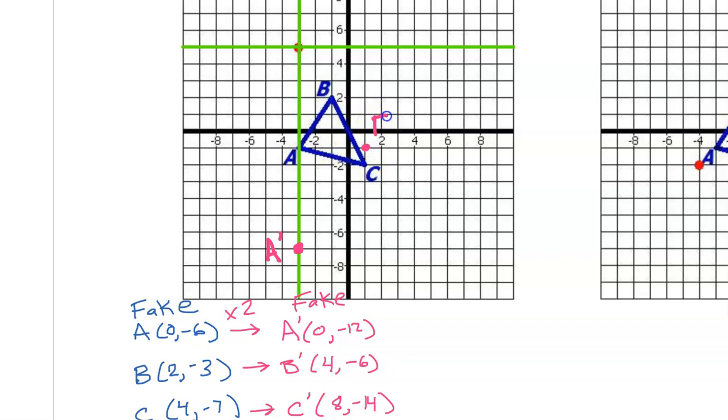So this is going to be my B prime. And point C is 8, -14, C prime. So again, counting from the green, if I go over 8, that's going to be right here. Now I have to go down 14.